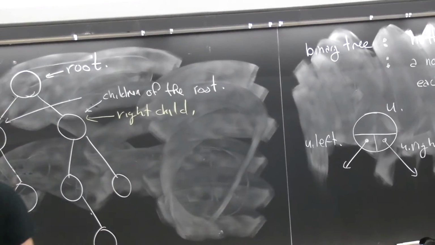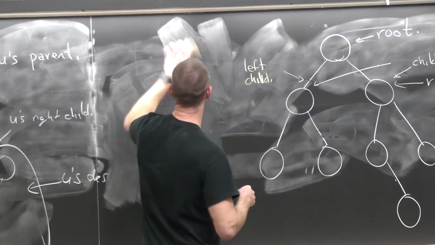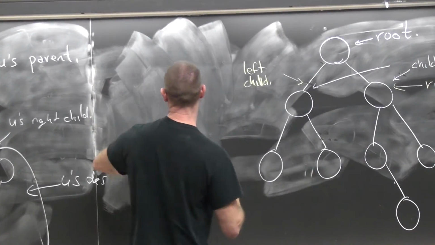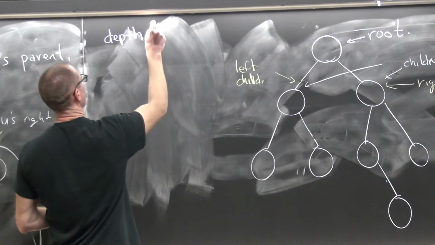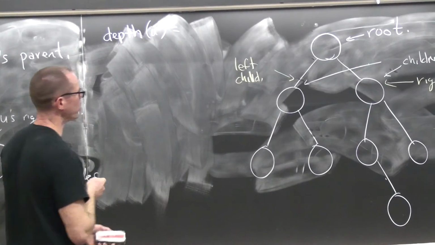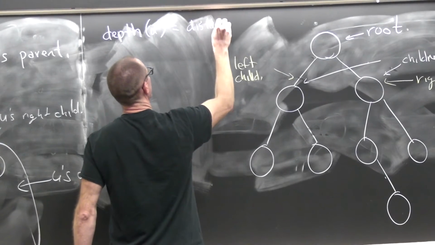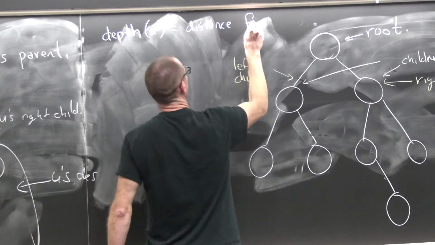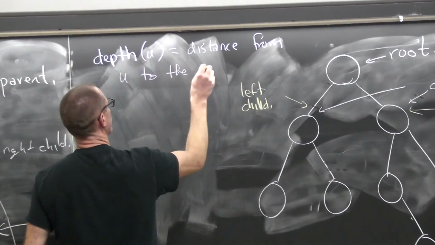So a few more things. The depth of a node U is equal to the distance from U to the root.